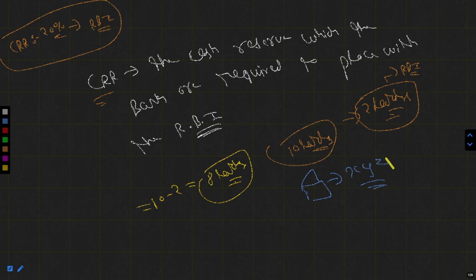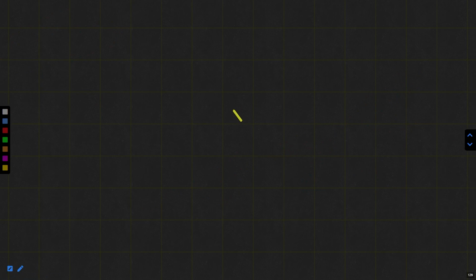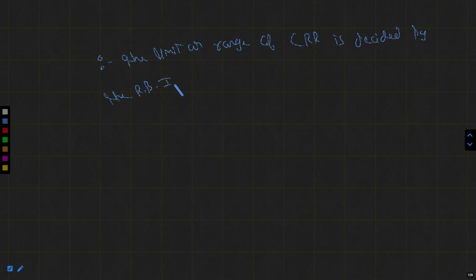And the particular range of the CRR totally depends upon the current situation of the economy. It means that the limit or range of CRR is decided by the RBI on the current situation.